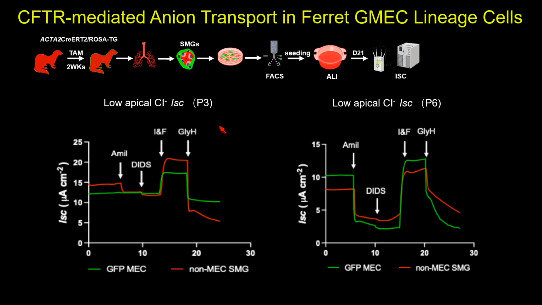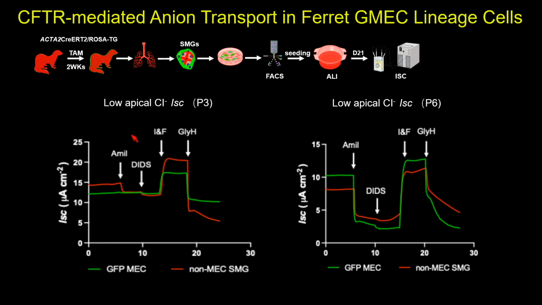Next, we wanted to know whether myoepithelial lineage cells retain CFTR response. So, as above, after isolation and culture, we used Ussing chamber assays to measure short circuit current to reflect CFTR response.